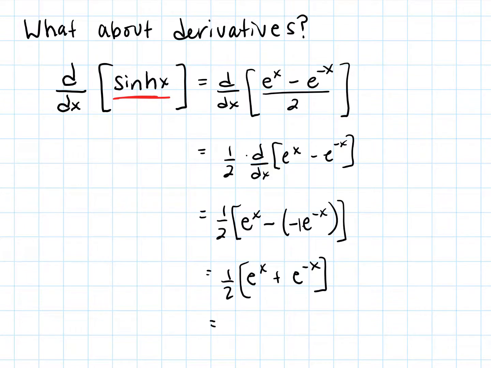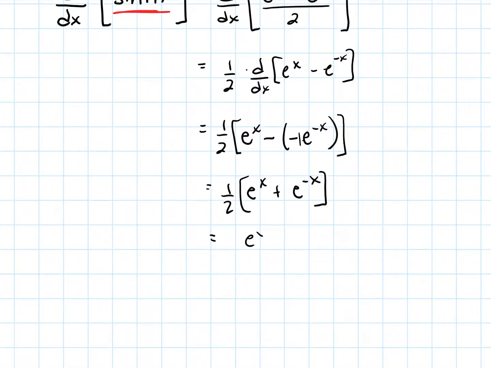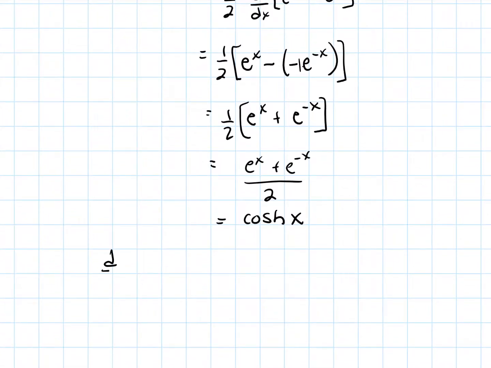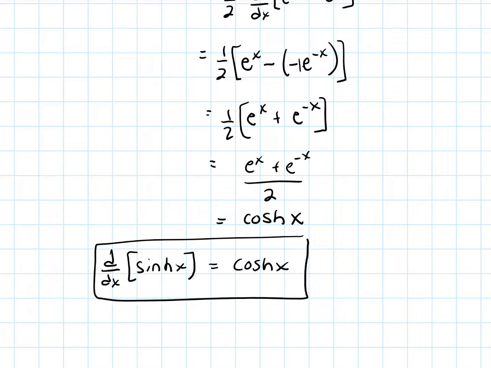And check that out. (e^x + e^(−x))/2 is exactly the way we define the hyperbolic cosine. And so it turns out that the derivative of the hyperbolic sine of x is equal to the hyperbolic cosine of x. And that is a very fun, cool result.